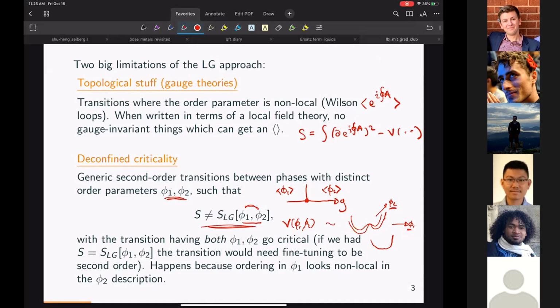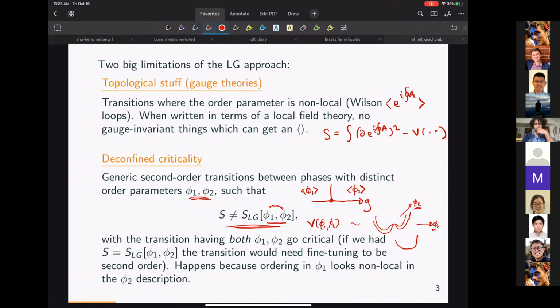It may be that a fractionalized description is useful at the critical point, but in terms of just describing the two ordered phases and the fact that there's a transition between them, this general kind of setup of Landau-Ginzburg here does not require any specific parton description. Right? Got it. Got it.